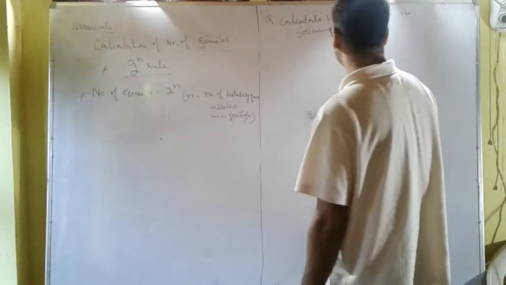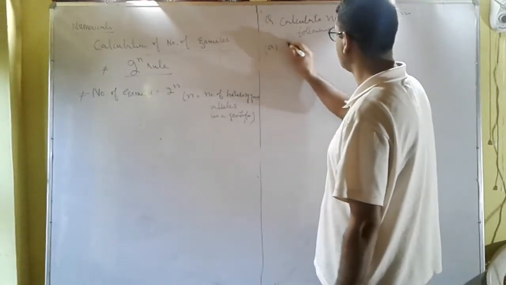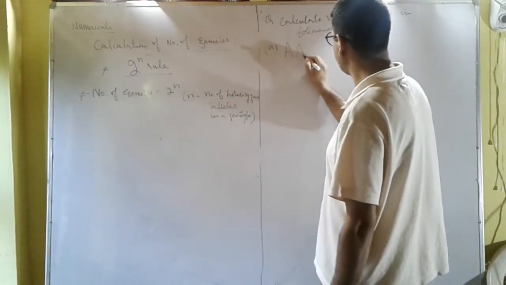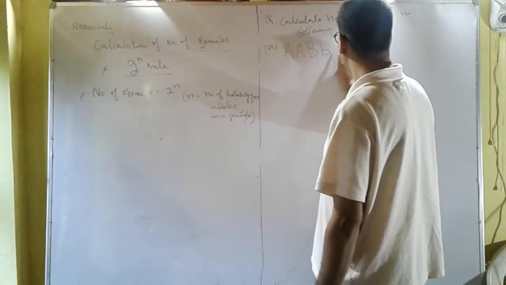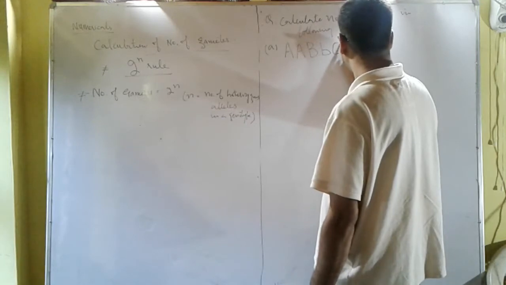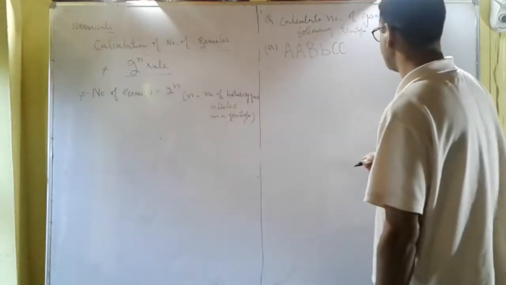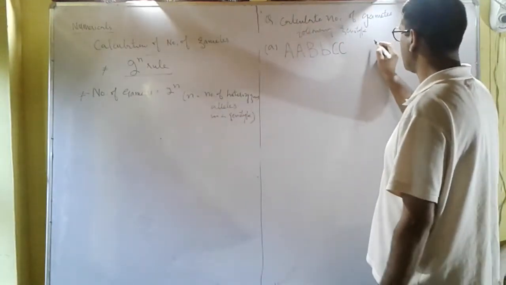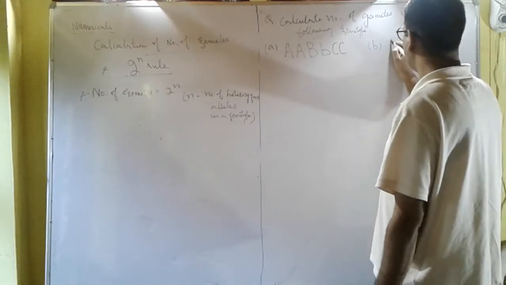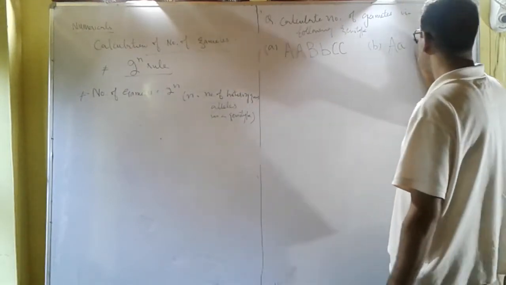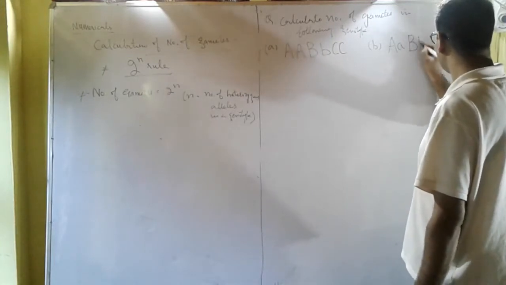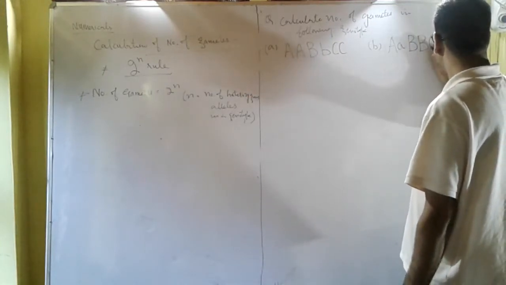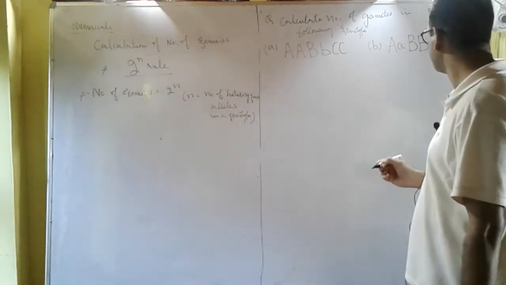Calculate the number of gametes in the following genotype. We have A. We have this condition. This condition.